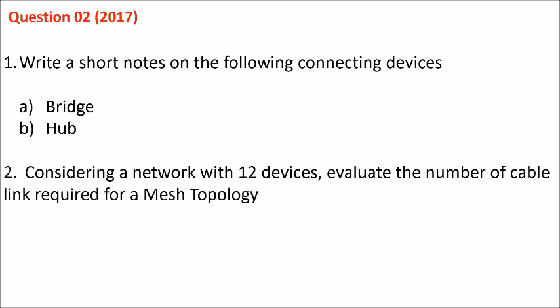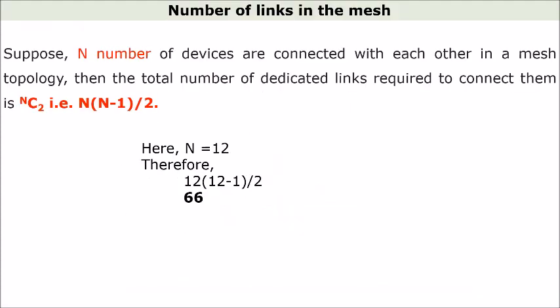Now you can remember it. When you write down the answer for such a question, try to do it this way. Here n means number of devices. There is a formula you can use to count the number of links.